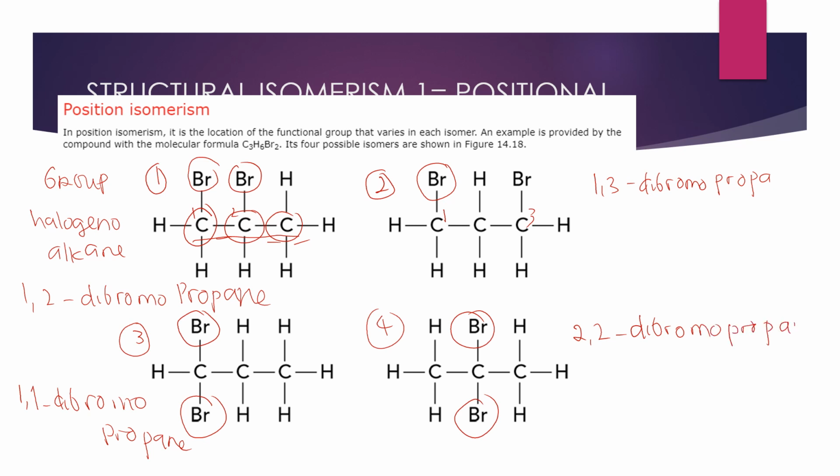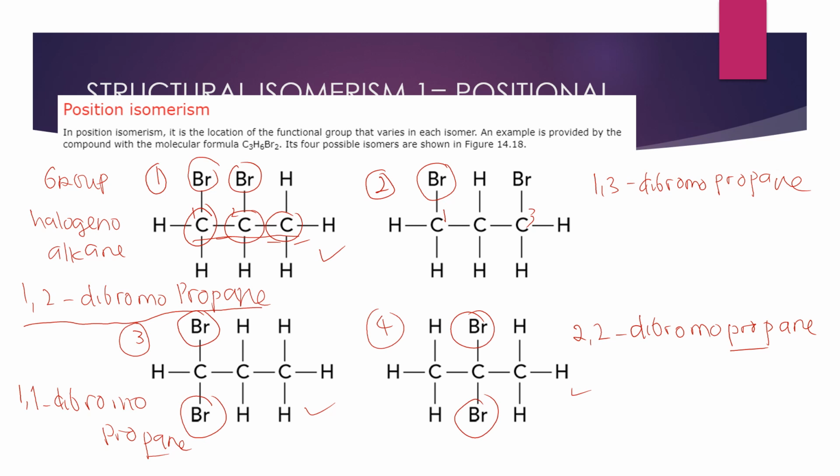So we can say 1,2-dibromopropane with this structure, 1,1-dibromopropane with this structure, 1,3-dibromopropane with this structure, and the last, number 4, 2,2-dibromopropane with this structure.